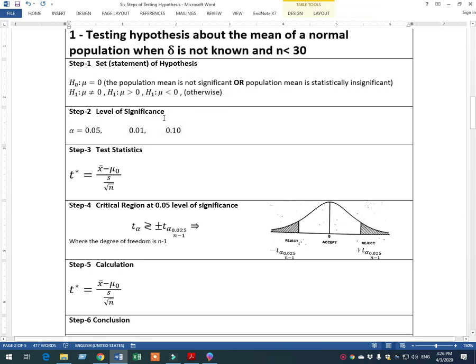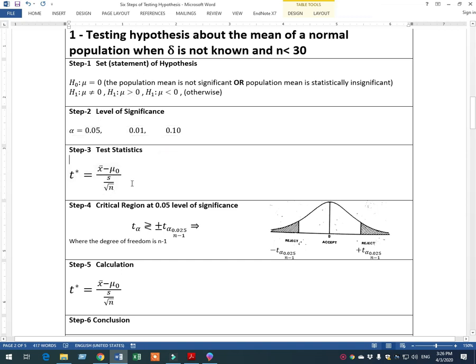The second step, obviously, is to select the level of significance, and you know that the level of significance is shown as alpha, and as I said, traditionally we go for 0.05 or 5%. Otherwise, you can also take a minimum of 1% to a maximum of 10%. But normally in the book and in these exercises we take 0.05 or 5% level of significance.